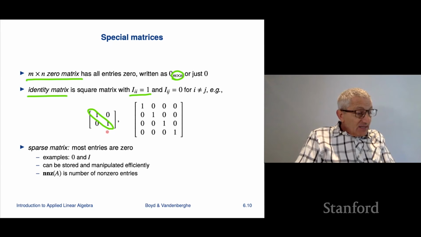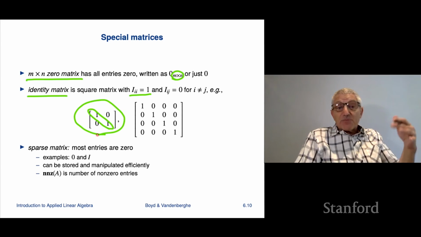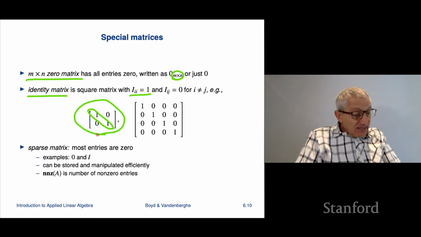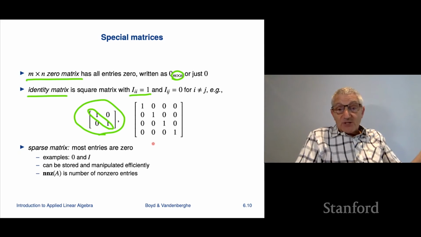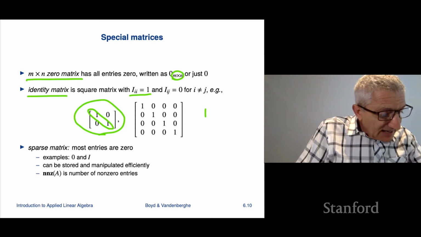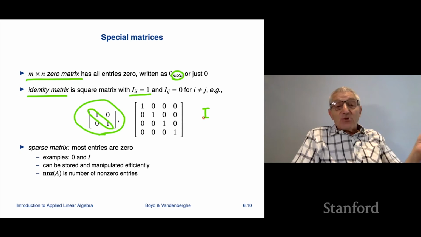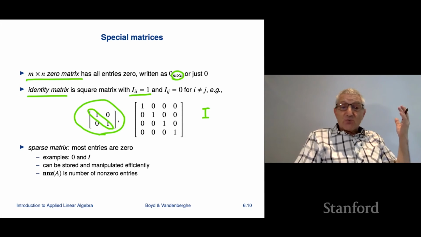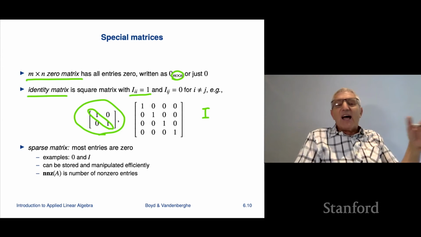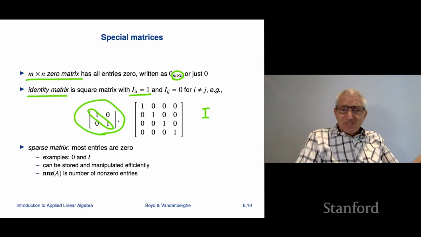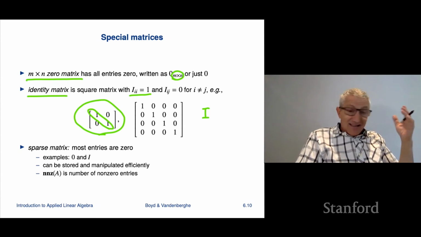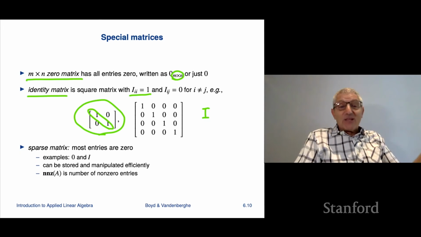So this is an identity 2x2 matrix, and that's an identity 4x4 matrix, right? And this is also just written as I. That's pretty universal notation, actually. If you just walk into the math department and say I, you may have to say something about the context as matrices, and then everyone will understand what you're talking about. Just the identity matrix.